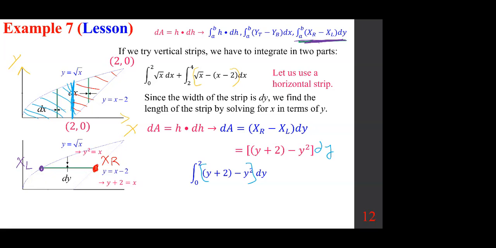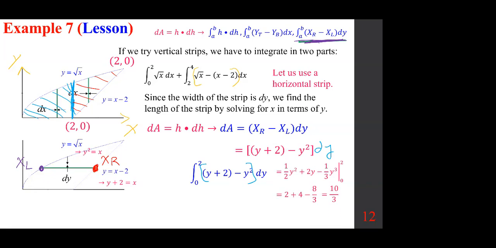Okay, y gives you 1/2 y squared, 2 gives you 2y, minus 1/3 y cubed, and you're going to evaluate it from 0 to 2. Okay, everybody? And so what happens is you end up with 10/3.